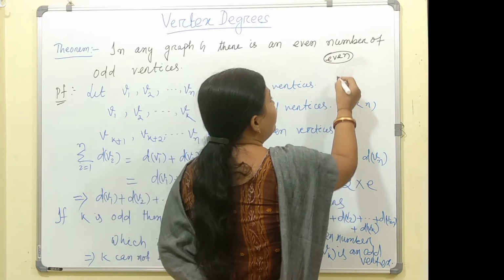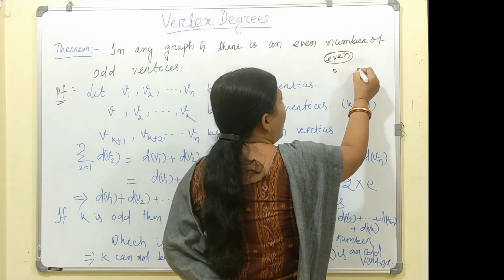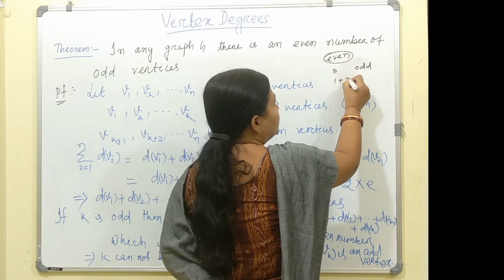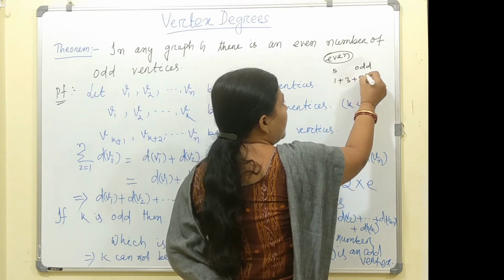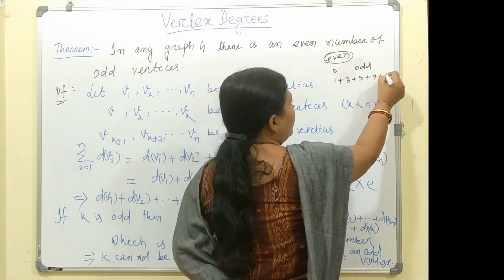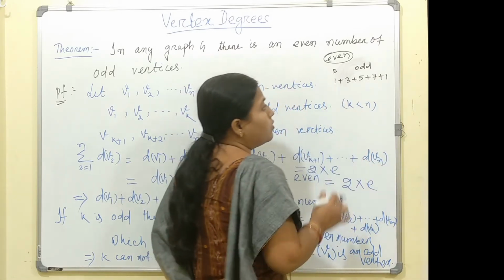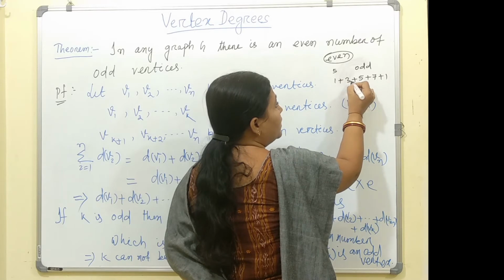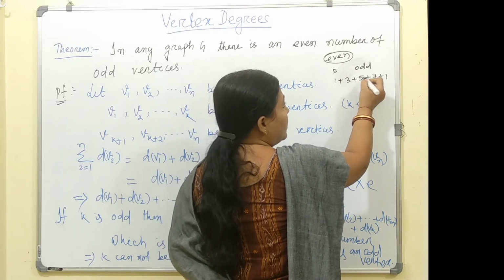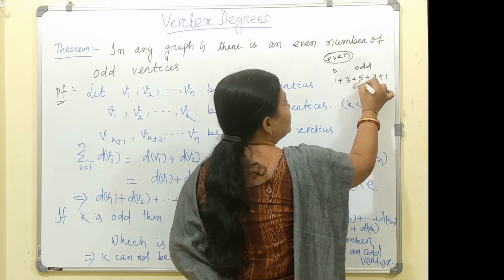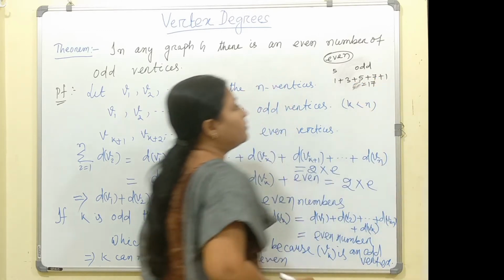When we add 5 odd numbers, that is 1 plus 3 plus 5 plus 7 plus 1, there are 5 odd numbers. When we add these, we get 1 plus 3, 4 plus 5, 9 plus 8 is equal to 17.